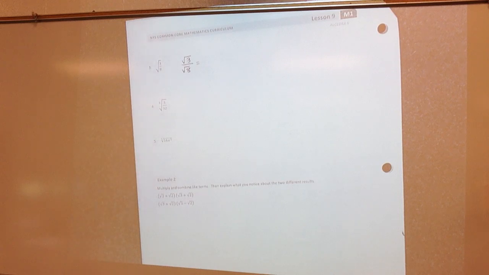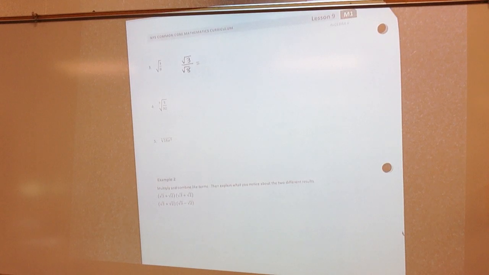Let's see. I'm trying to think of the easiest way that we can do this so that we can get rid of the radical in the denominator.